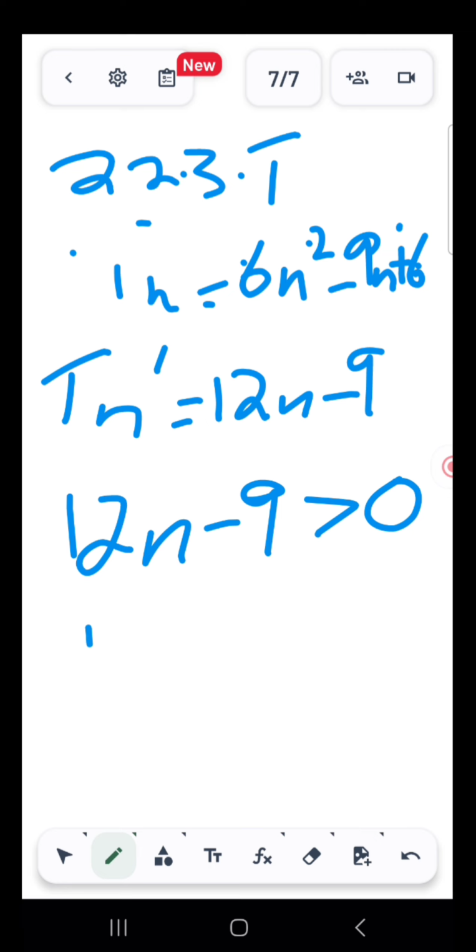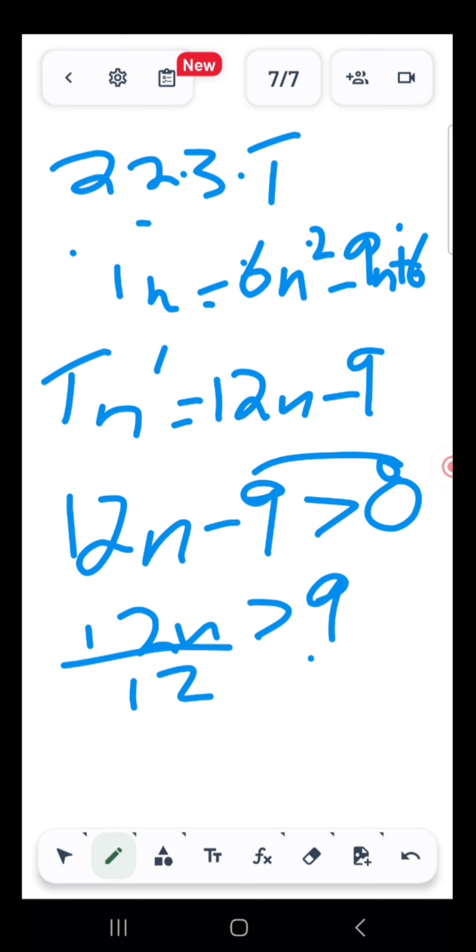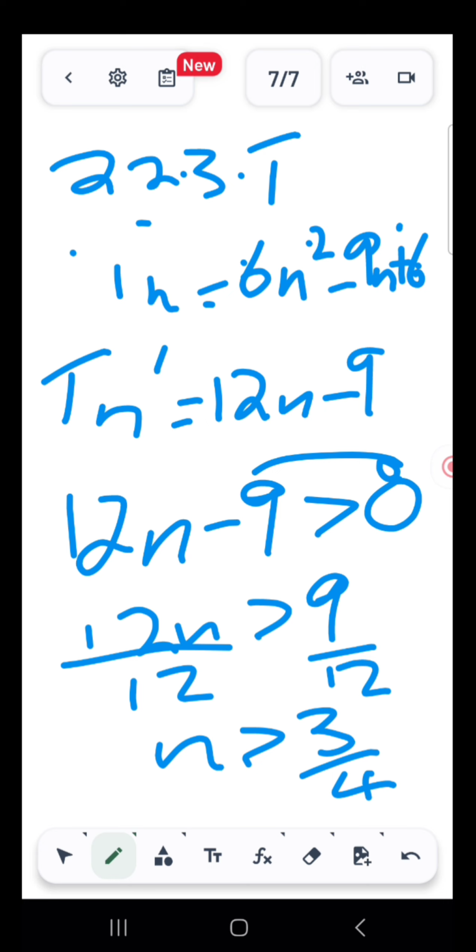We transpose, we have 12n, which is greater than 9. Negative 9 becomes positive 9. Divide by 12, divide by 12, and then n will be greater than 9 over 12. When you simplify, 9 over 12 is 3 over 4.